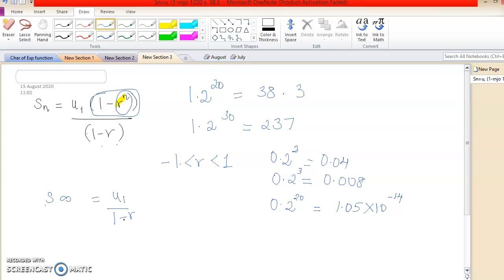Now it is very important for you to understand that the value of r will have to be between -1 and 1. It cannot be equal to -1 or equal to 1.